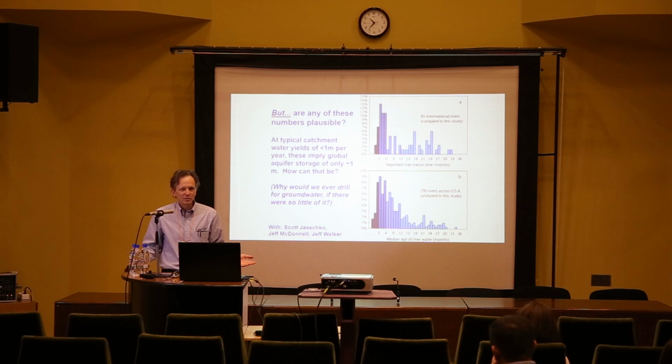And we looked at each other. He's a groundwater hydrologist. We looked at each other and said, if there's only a meter of water underground, why would anyone ever drill a well? There's not enough there to be worth drilling for. So it didn't make any sense.